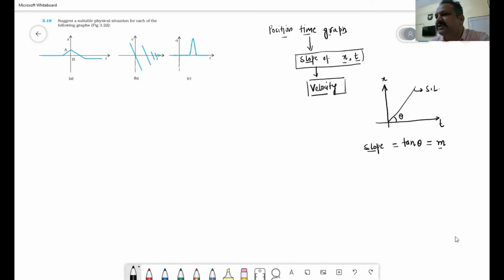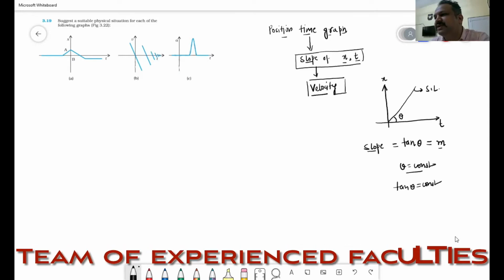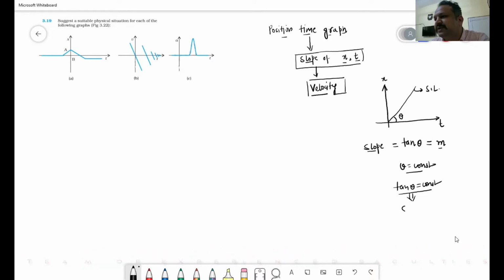If theta is constant, then tan theta is also constant. If it is constant, the slope is constant, and the slope represents the velocity. So we can say velocity is constant.